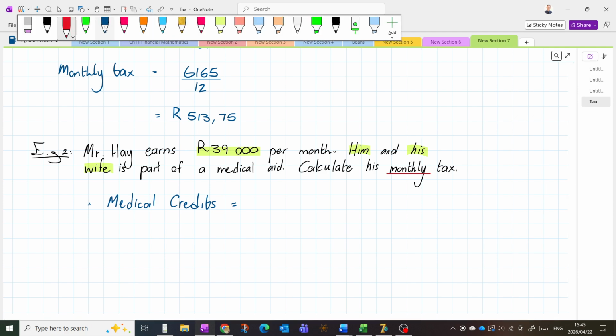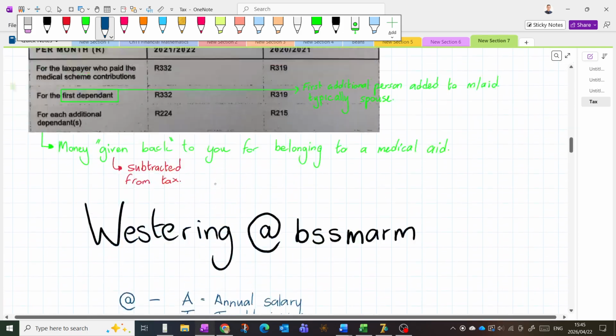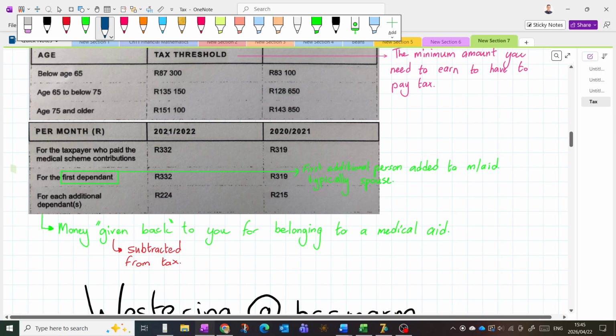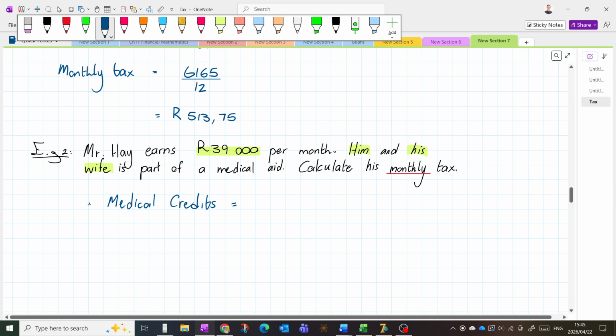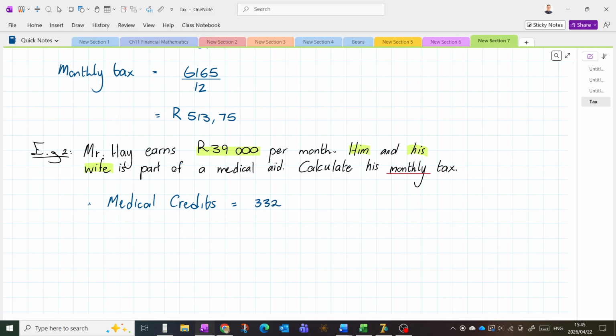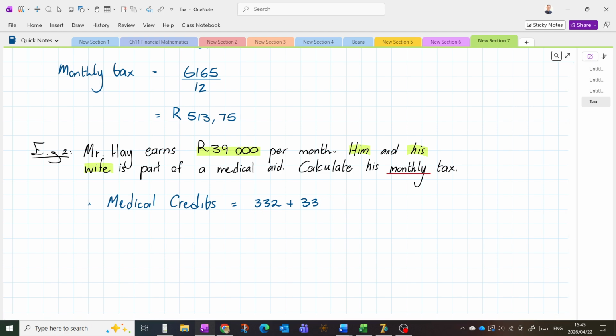So medical aid credits. Him and his wife, I can go all the way up. It's just a person and a dependent. They're both 332. So I'm just going to say 332 plus 332. You can bracket this off and times it by 12 already to get the annual if you want to. Or you can first see what the monthly one comes down to.